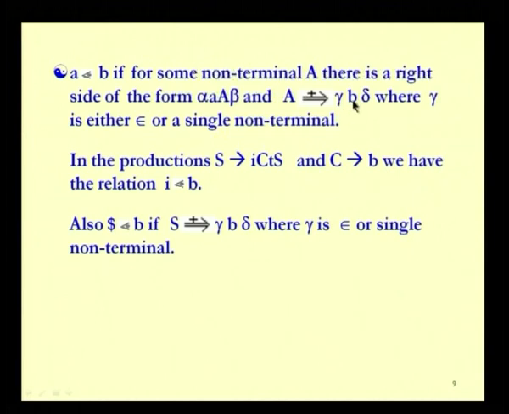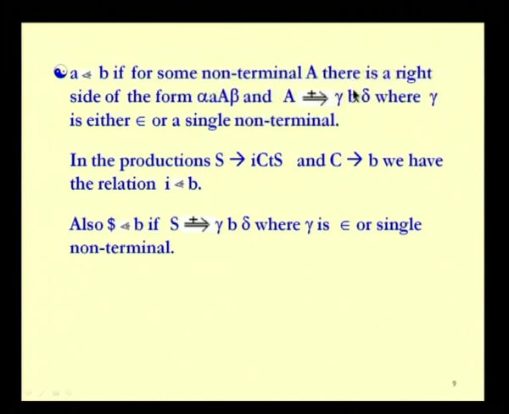So, what it means is, when you generate the sentential forms of this A, you find out the first terminal. Already gamma is there, but gamma is epsilon, it may not exist, or if it exists it should be a single variable.